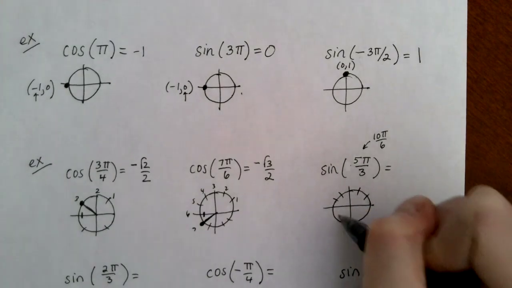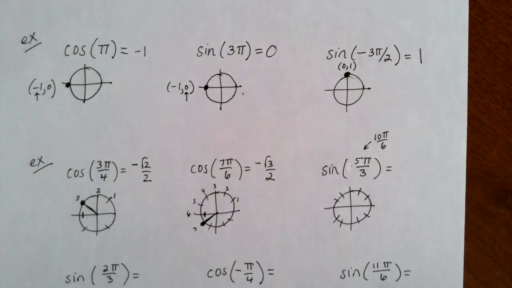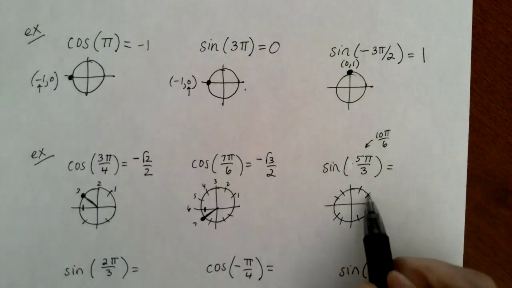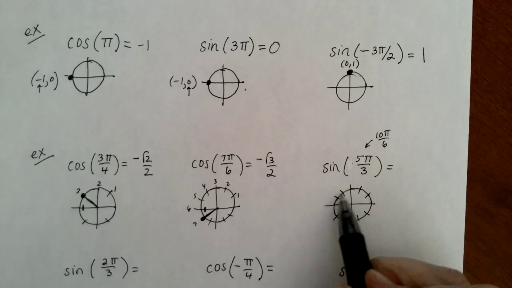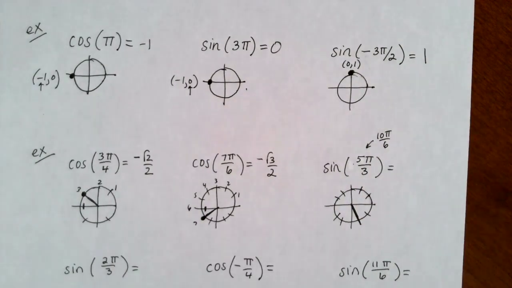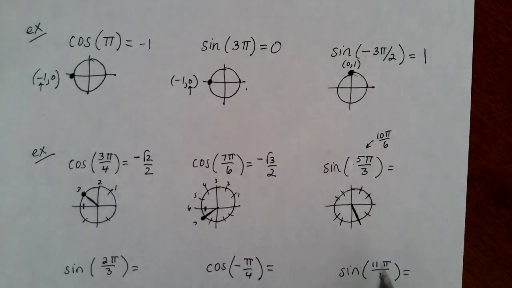Either way should get you to the same spot. All right, so I'll do pi over 6's and wait for 10. This is 1, 2, 3, 4, 5, 6, 7, 8, 9, 10. So no matter how you do it, you should land in that spot.